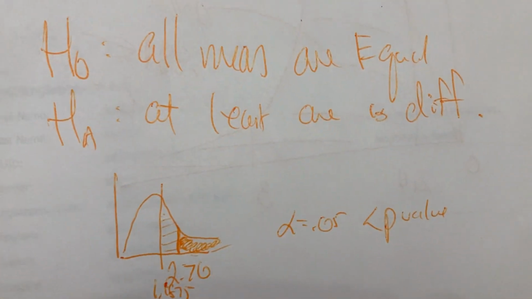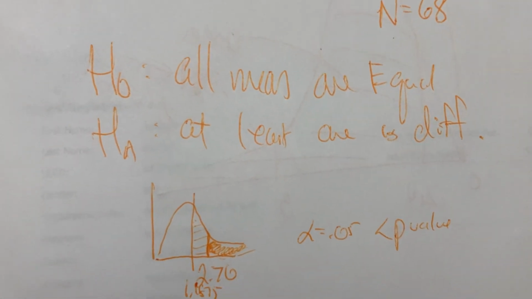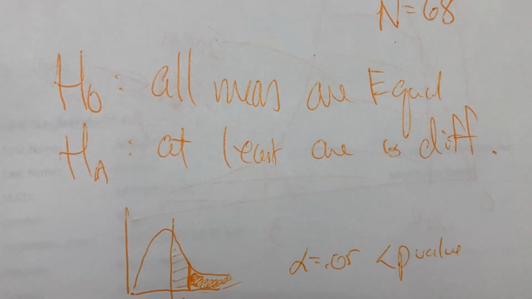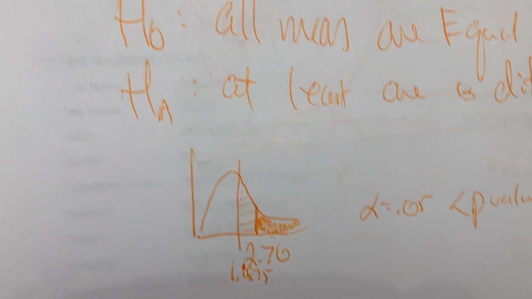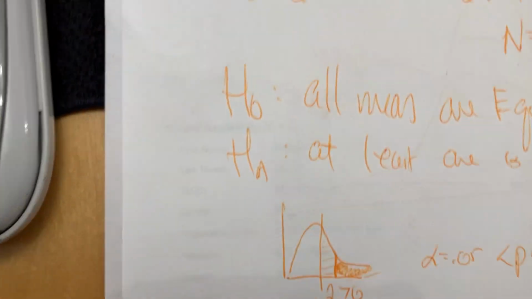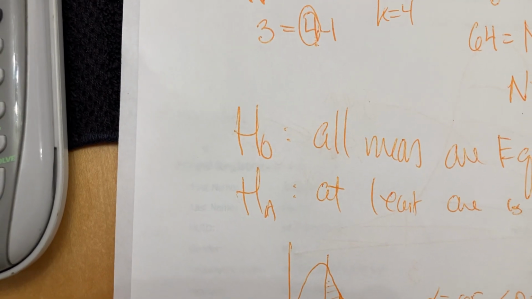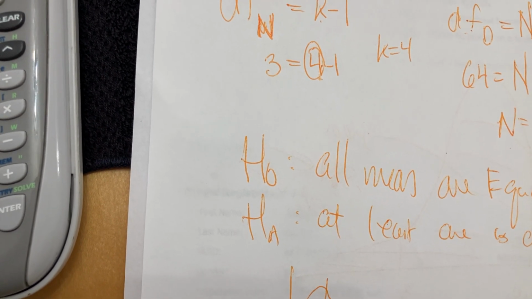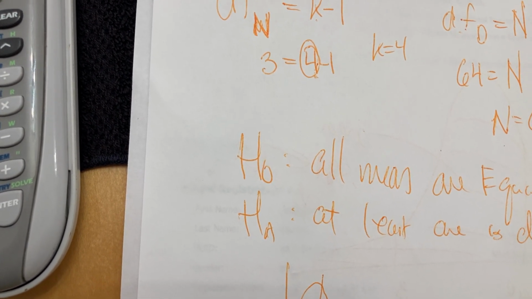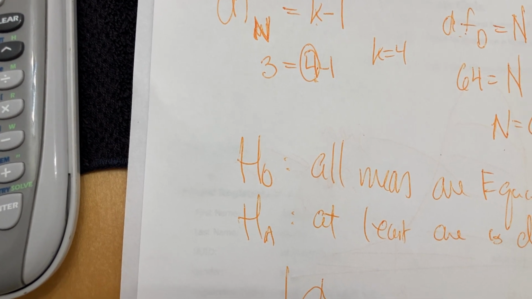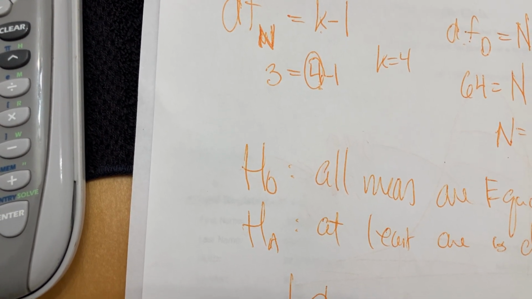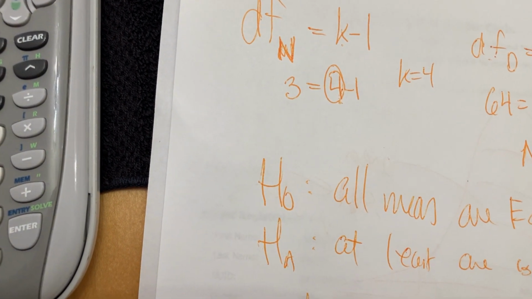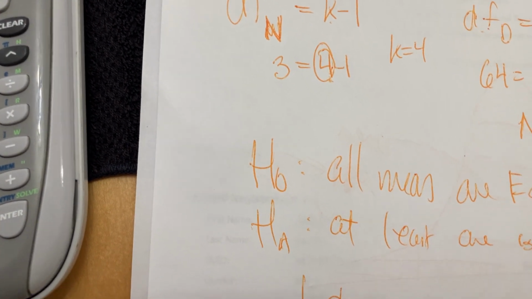I don't have the p-value, and I've got to run it off the raw data to be able to get the p-value correct. So what are we claiming here? Let me just double check what the claim is. So we're trying to test to see that the means are equal for the different populations.